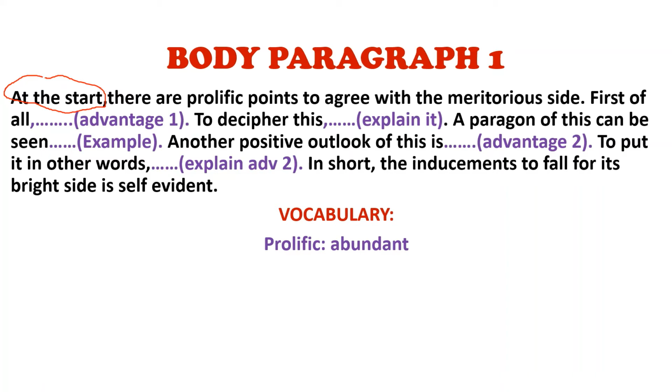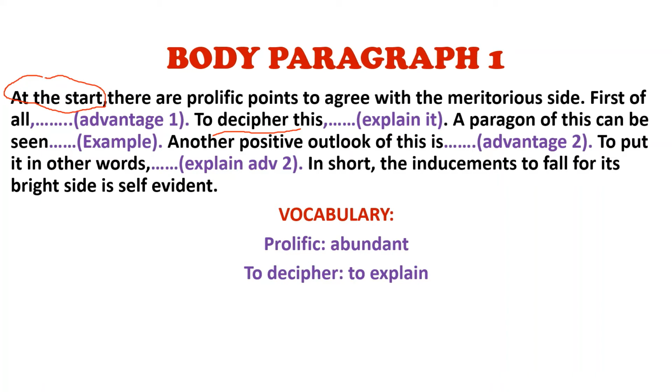Now, first of all, you start with your first point. Give your first advantage. Then explain that advantage: to decipher this, that is, to explain this, to elaborate this, to put it in other words, whatever phrase you know to explain your idea, you are going to use.